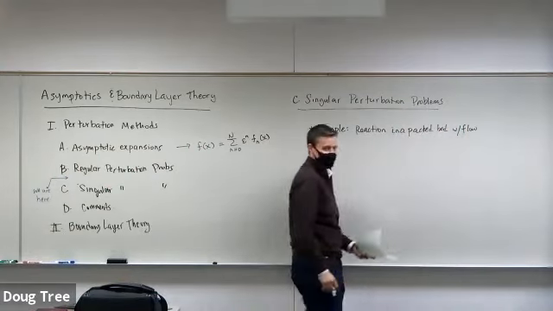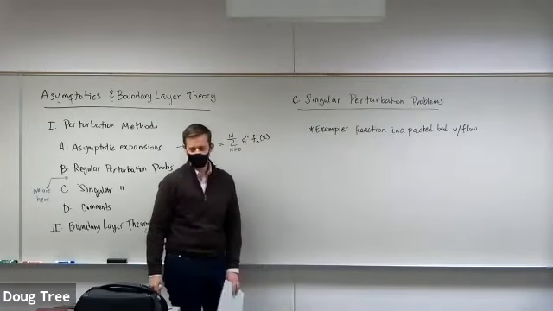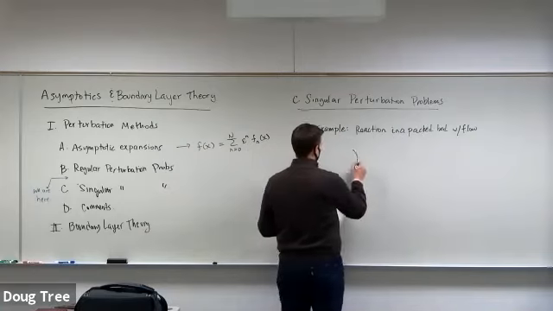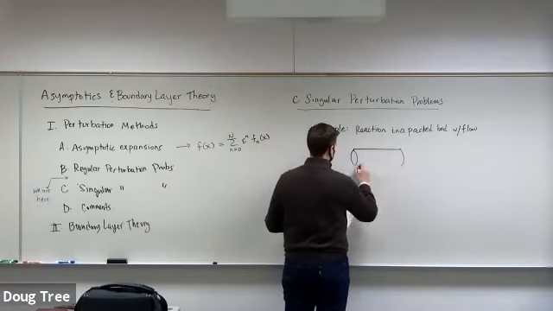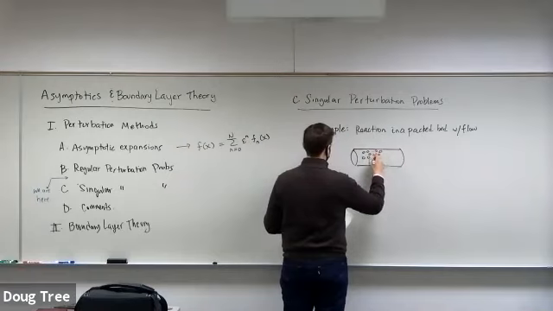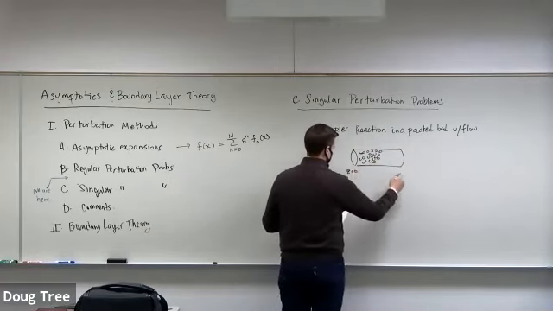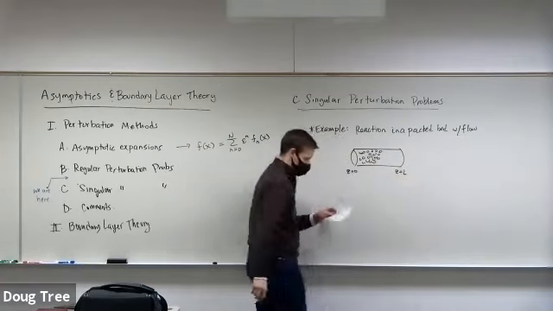The one that we had in part B was reaction in a packed bed, but no flow. So we've got some tube here filled with packing particles. I'm not going to draw all of them. I'm going to call this z equals 0, this z equals L.